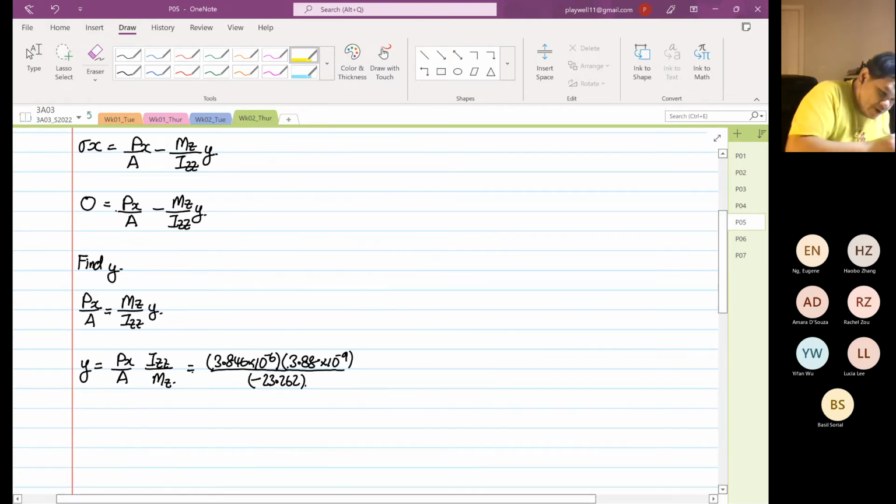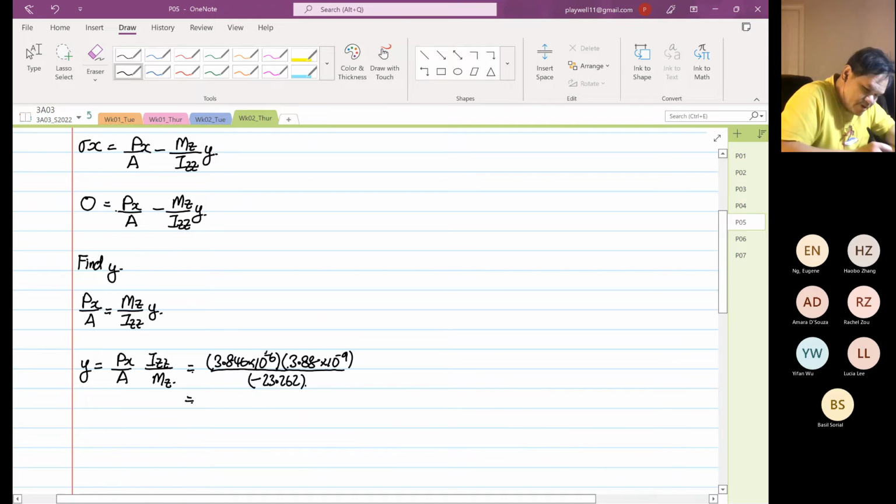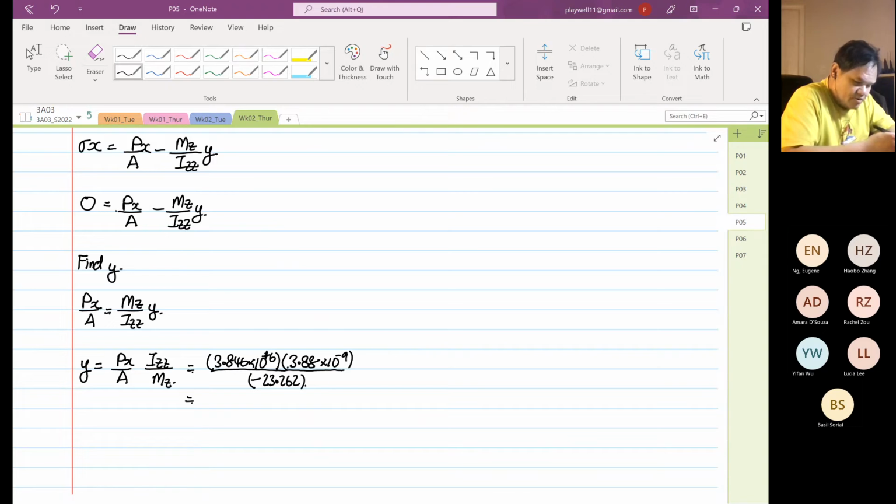Okay, so finally, this will be equal to 3.846 times 10 to the power 6 times 3.88 times 10 to the power minus 9, divided by 23.262.